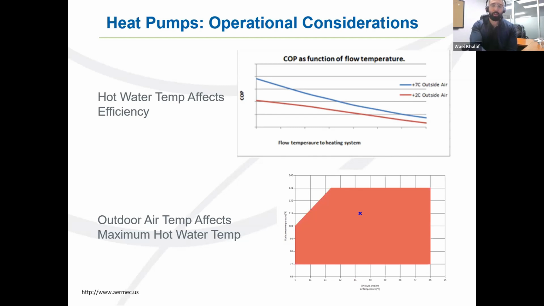This graph is somewhat typical for a heat pump running on HFC refrigerants. Now, the good thing about our industry is every year the technology is going to get better and better. So we're seeing the minimum outside air temperature start dropping lower and lower every year.